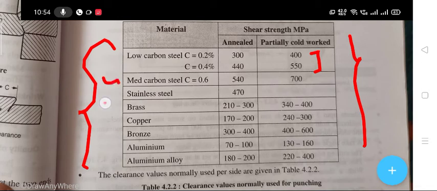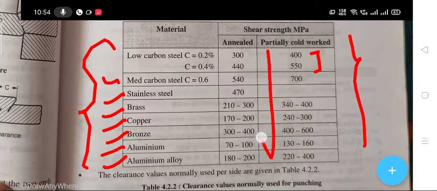Medium carbon steel, stainless steel, brass, copper, bronze, aluminum, aluminum alloy. There are values of shear strength, and the clearance value normally used per side is shown in this table.